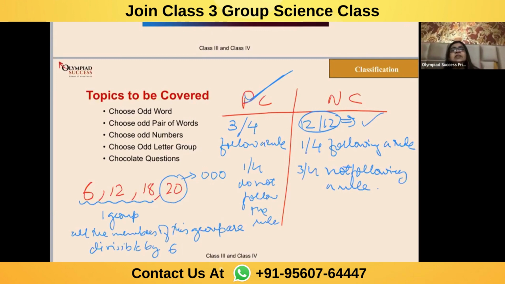Just like that, you can say that 18 is also the odd one out because no number is divisible by 18 except 18. That is why we will not prefer this method. That is called negative classification. We'll avoid negative classification and only focus on positive classification, where 3 out of 4 members follow a rule and 1 does not.